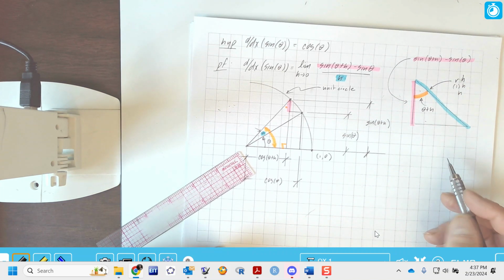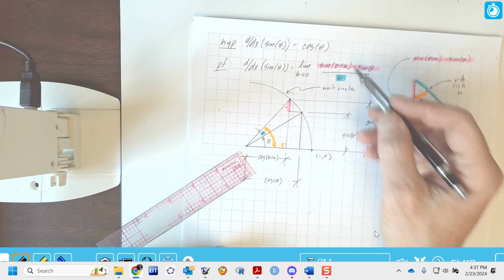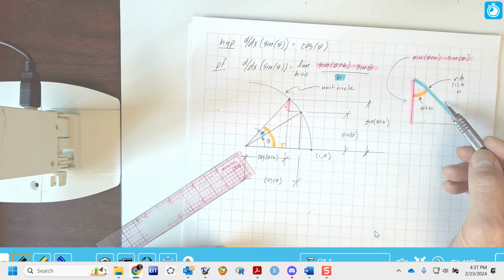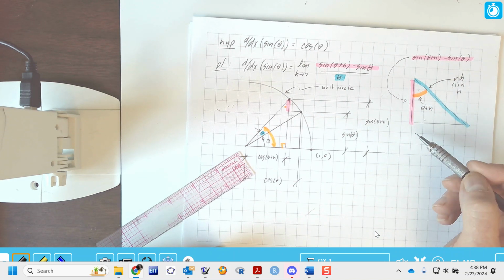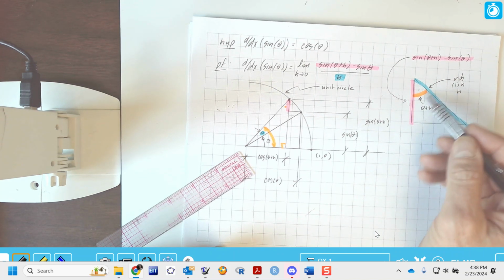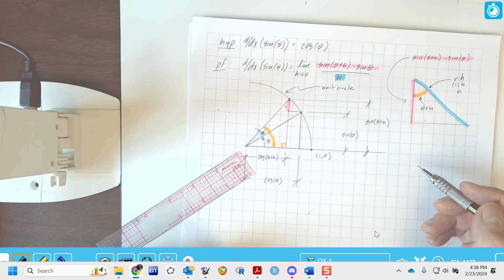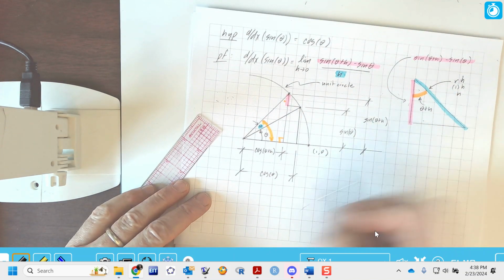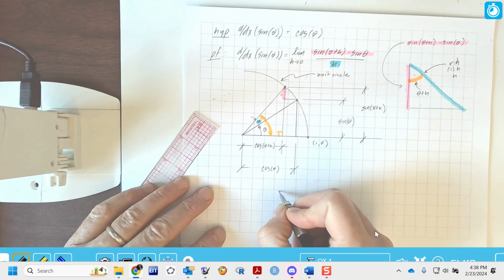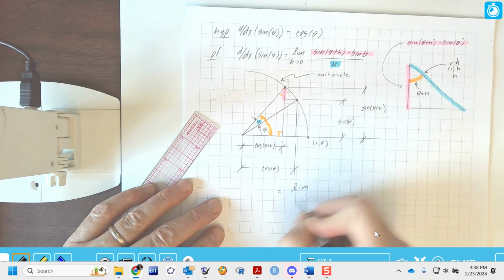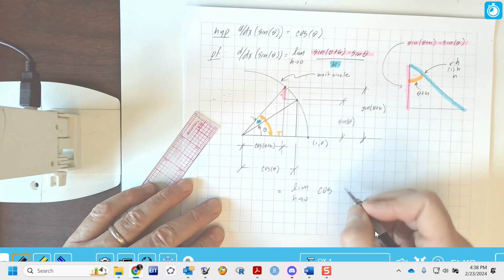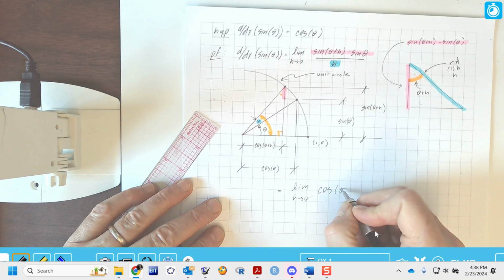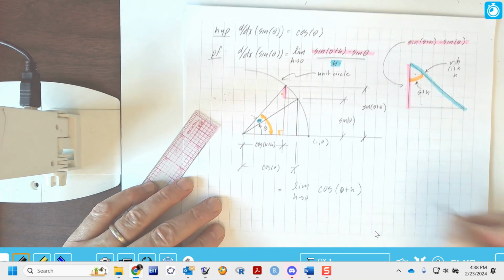So this angle right here is equal to theta plus h. And so now we can see that pink over blue is just the cosine of the angle here in orange. So this big argument gets us to this spot where we can say that this is just the limit as h goes to 0 of the cosine of theta plus h.